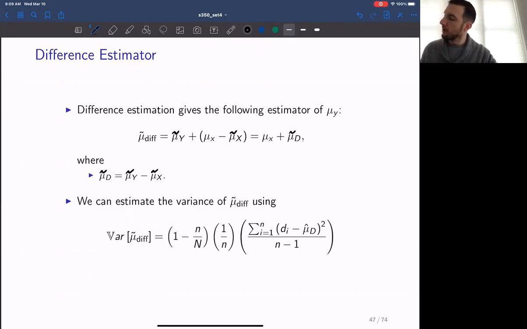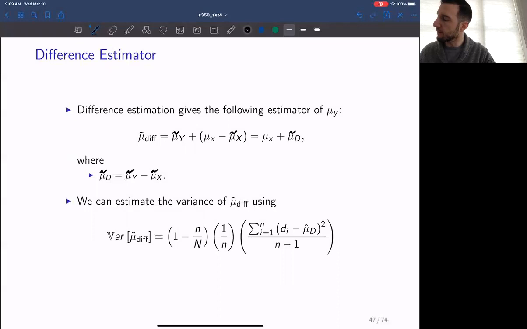Okay. The variance of mu tilde d is given by the second expression. So we have our FPC multiplied by 1 over n. Those are familiar leading constants for any of our variance estimates that we have studied in the case of regression and ratio estimation.